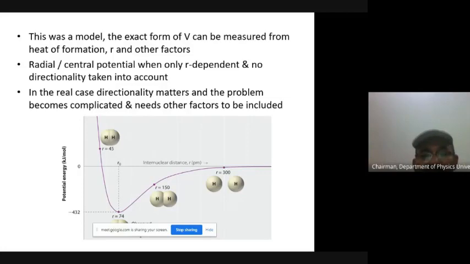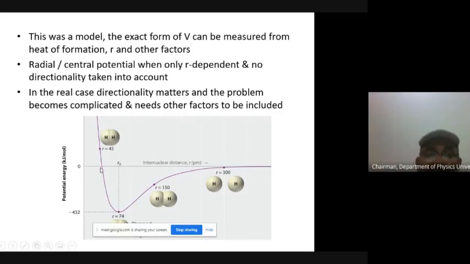Here, in the case of hydrogen, you can see that the internuclear distance is 300 pm, picometer, and here it's 150, and here it is 74, and this is the R minimum where the energy has gone to the minimum, and here the strongest bond will form.